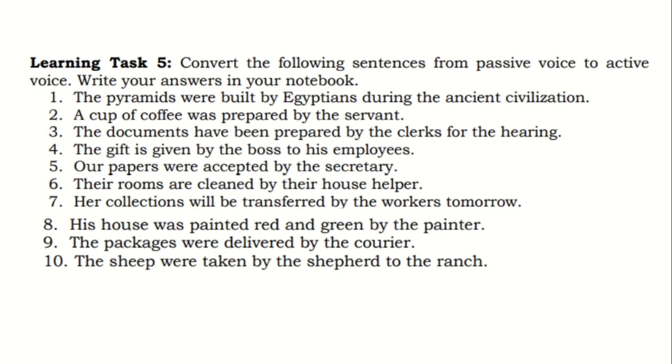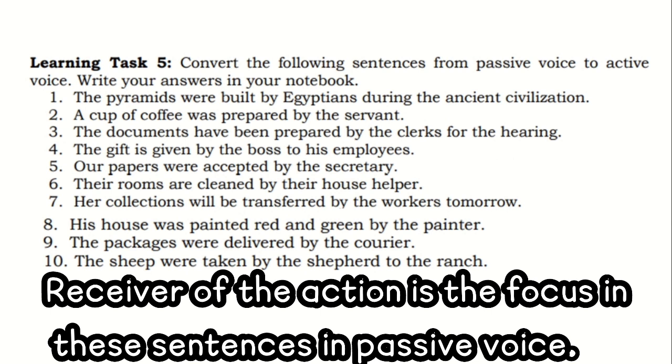Basically similar to learning task number 4. For number 1, the pyramids were built by Egyptians during the ancient civilizations. Okay, so we have the pyramids as the object and the Egyptians as the subject or the doer of the action.